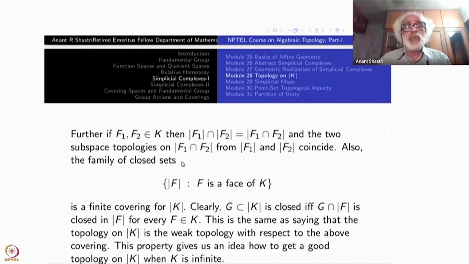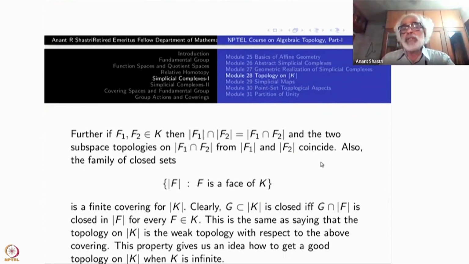So the two subspace topologies on the intersection, coming from F1 or coming from F2, coincide. This is a very important thing we have to observe. Why? Because mod F1 intersection F2 is a subspace of mod K itself directly. So whether you come from F1 or from F2, it must be the same thing.